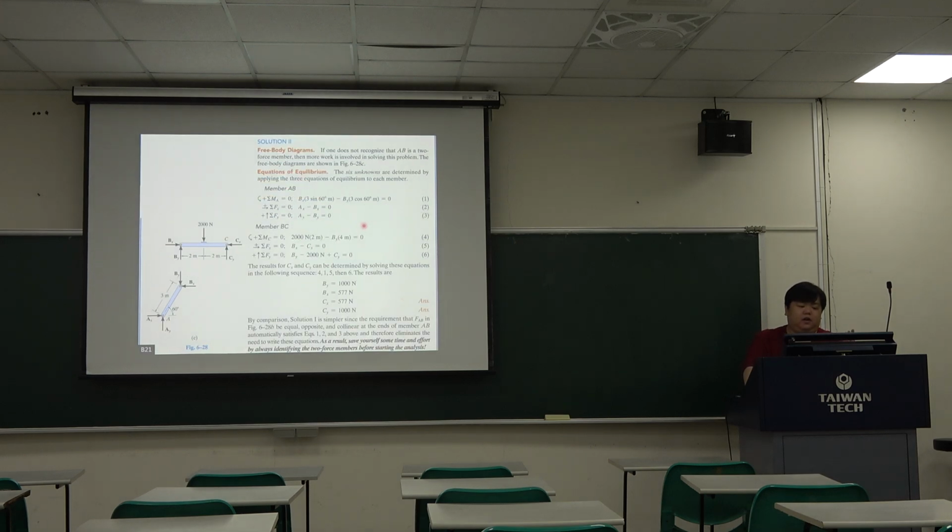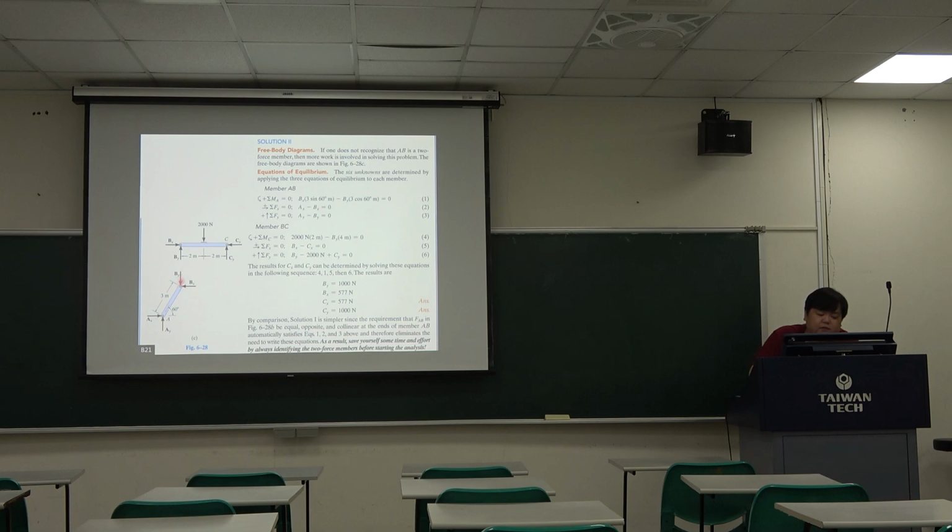We also have another solution, but I think the answer is the same, so you can do it and check again. If we focus on the member AB, we can set the moment point at point A, then do the summation MA equals 0.